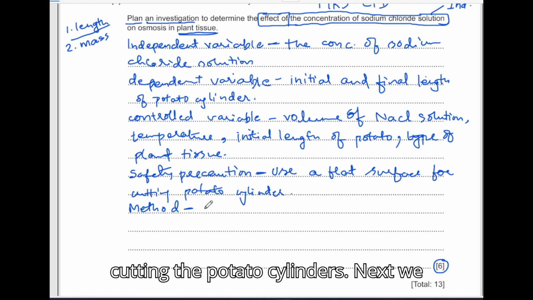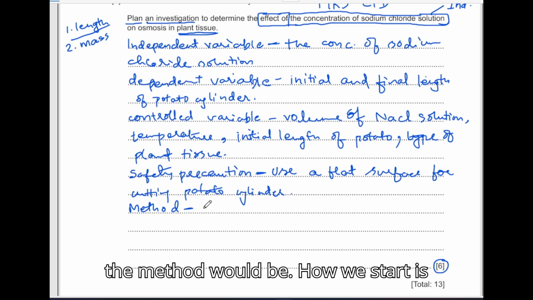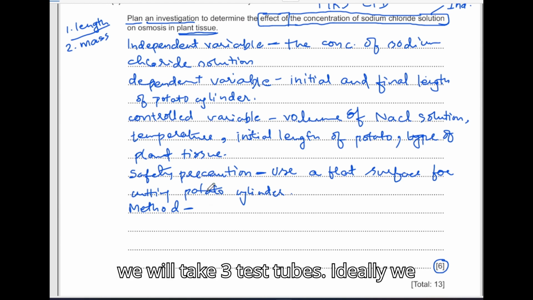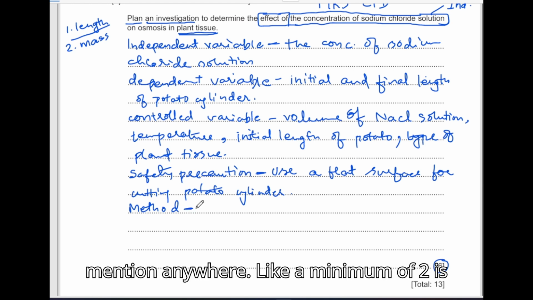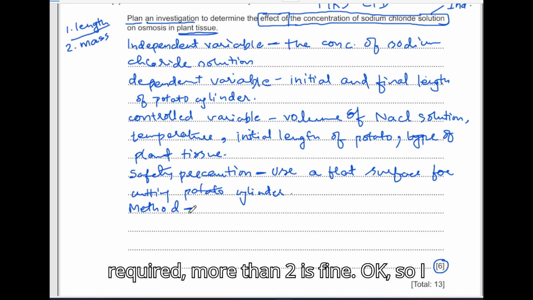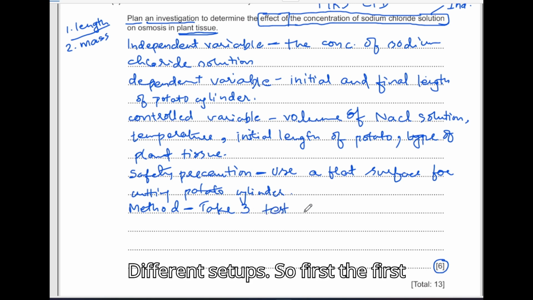Next, we have to write the method. Now, how we start is we will take 3 test tubes. IGCSE will allow you to mention anywhere a minimum of 2 is required. More than 2 is fine. Okay, so I generally suggest my children to write 3 different setups.